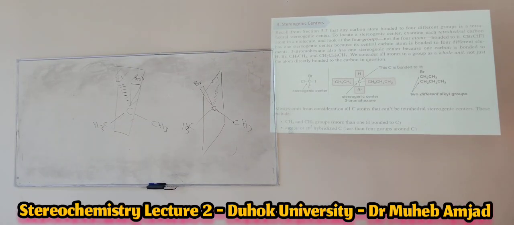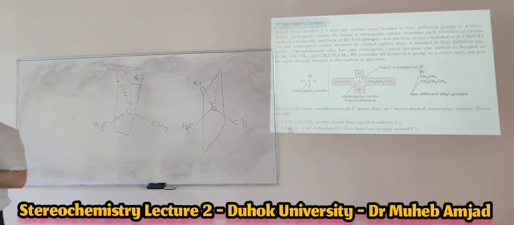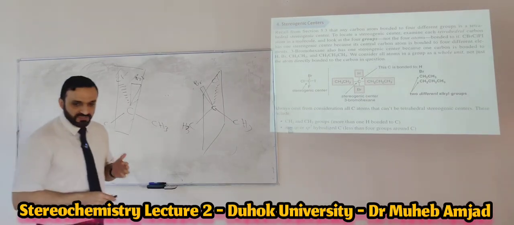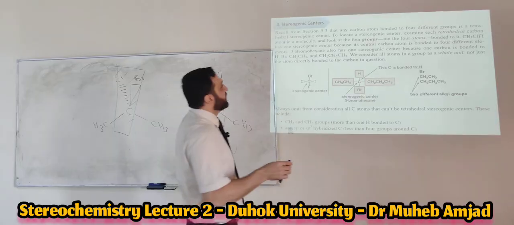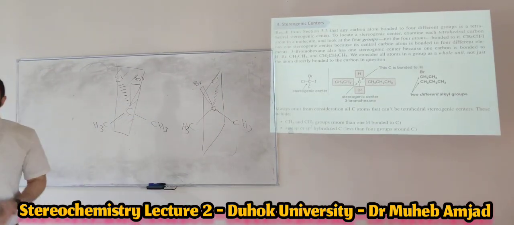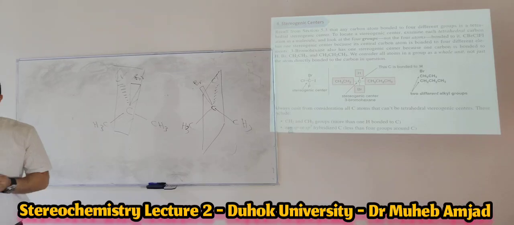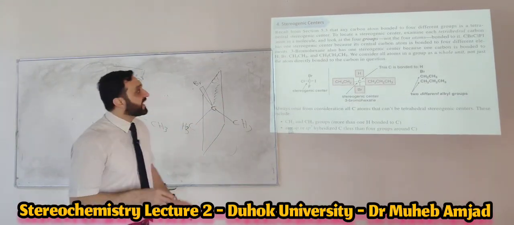Stereogenic center. We said, what is the meaning of a stereogenic center again? A carbon that has 4 different groups, not atoms, groups, okay? It is a tetrahedral stereogenic center, and this carbon must be sp3, not sp2 or sp, must be tetrahedral.